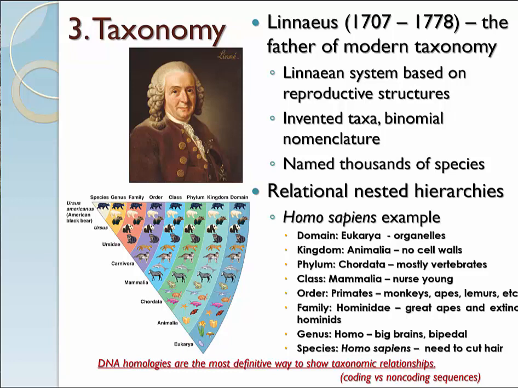The non-coding sequences are commonly called junk DNA, although there's reasons to not call it junk DNA. But regardless, non-coding sequences, because they're not coding for proteins, can change or mutate without affecting the proteins or whatever else the genes are coding for.